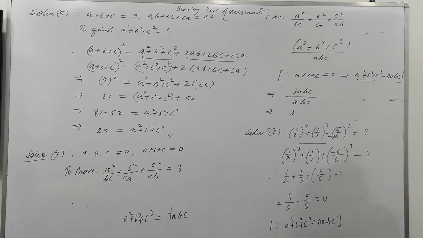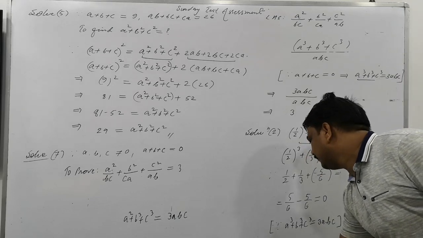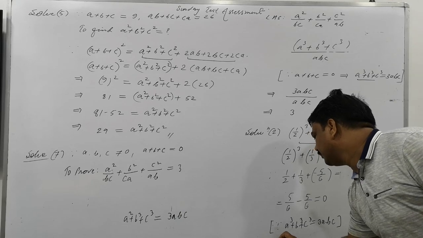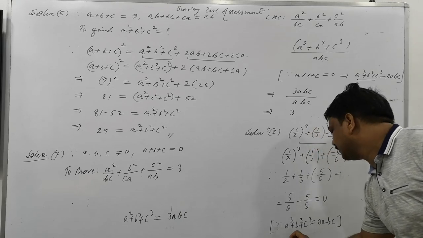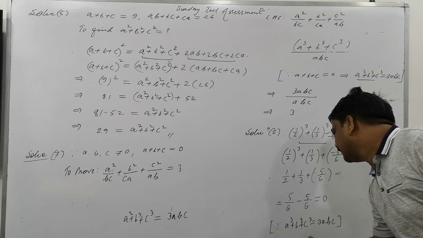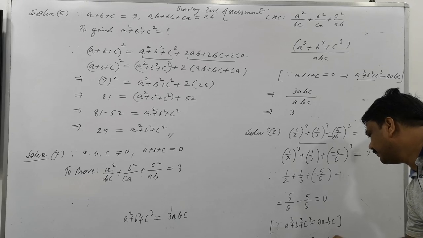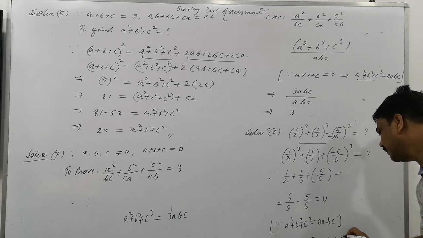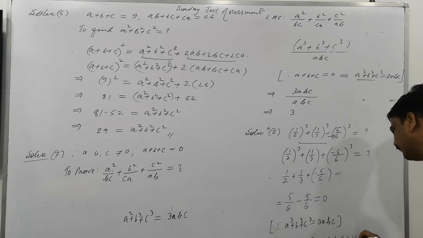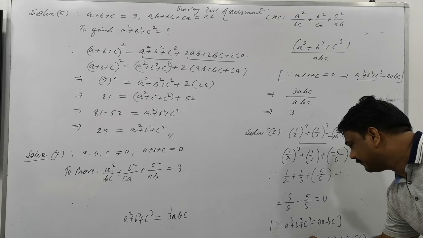So we can write (1/2)^3 + (1/3)^3 - (5/6)^3 is equal to 3 times 1/2 times 1/3 times minus 5/6. Minus is to be taken here.